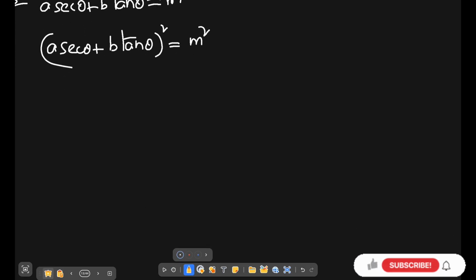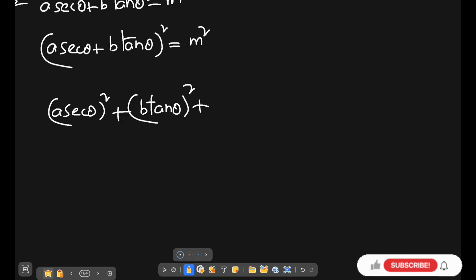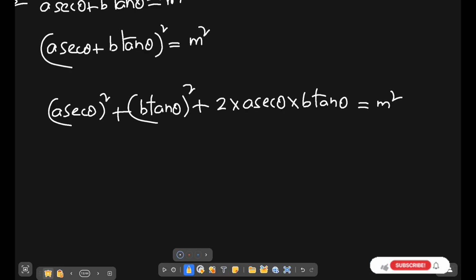A plus b whole square formula: a sec theta whole square, a square plus b tan theta whole square, a square plus b square plus 2ab means 2 into a sec theta into b tan theta is equal to m square. Right.